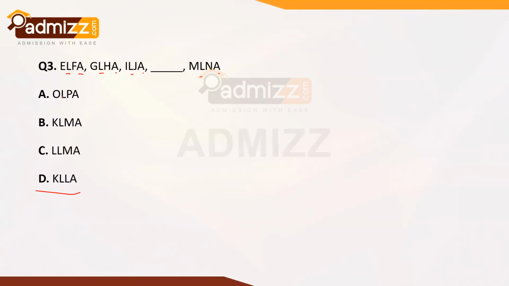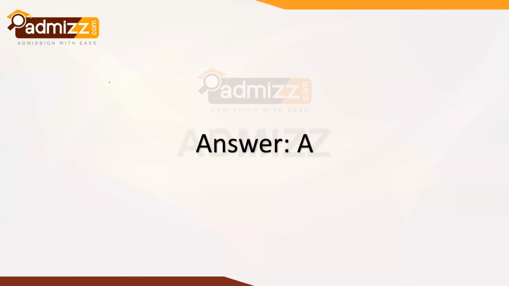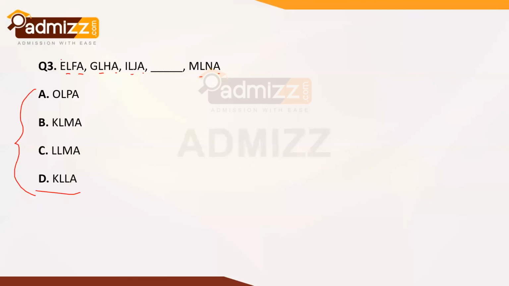And that is in fact the case, because in all of these options, L and A lie in the second and the fourth position. So we have to find the pattern hidden within the other letters to correctly infer the answer. That is E, F, G, H, I, J. So it should be K and L, right?